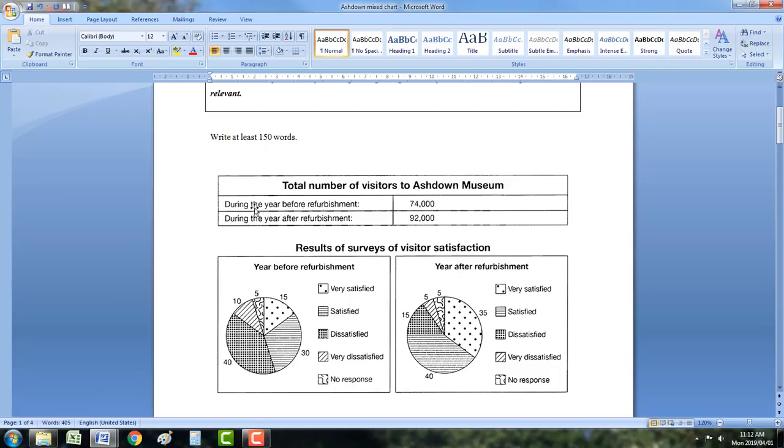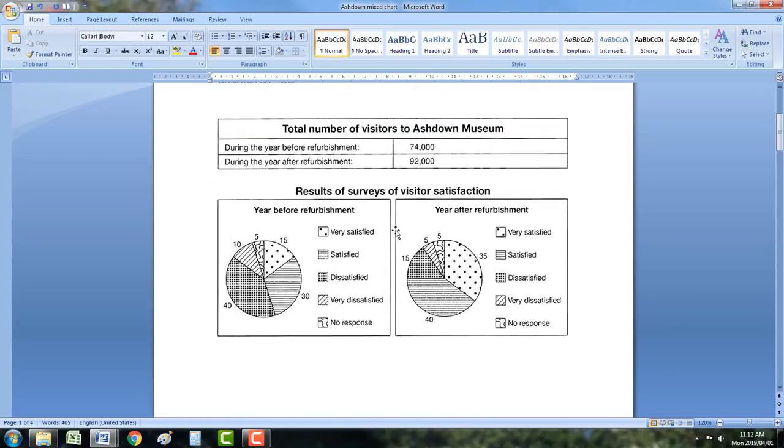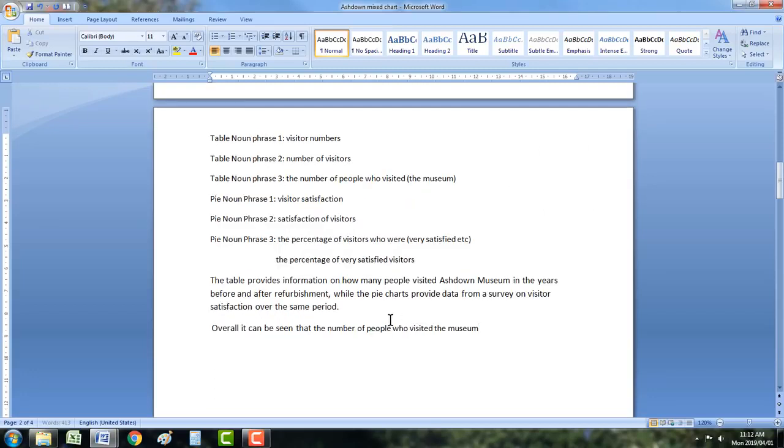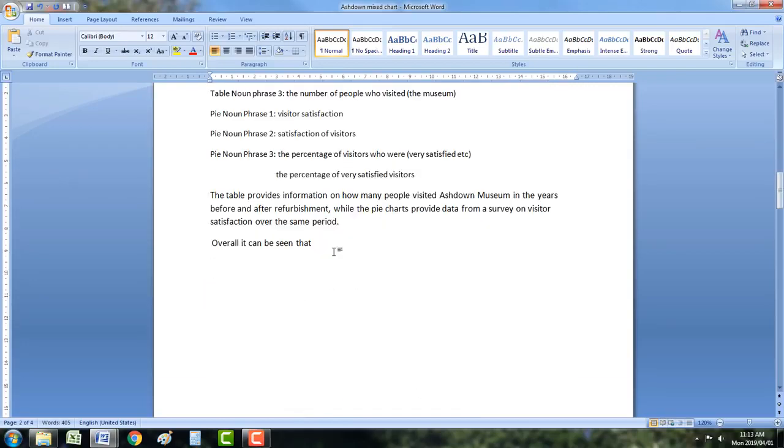Anyway, this first one is before refurbishment, 74,000 people. 92,000 people afterwards. So let's choose noun phrase 3, a nice big one to start with our overview. The number of people who visited the museum. Now you can say increased. Right, overall it can be seen that.